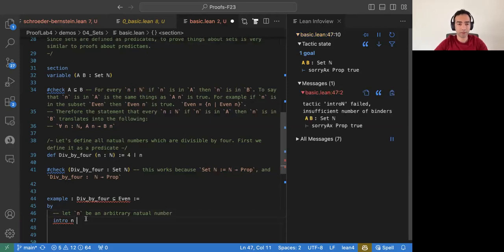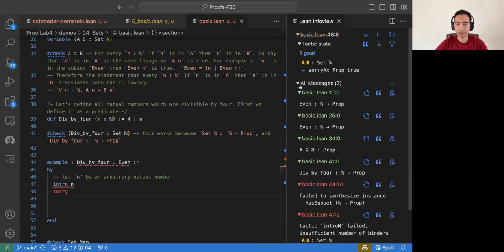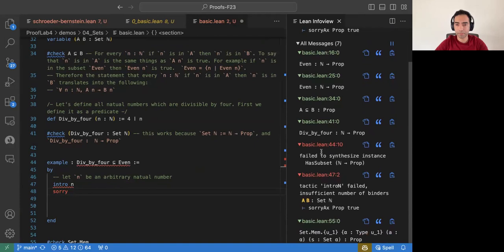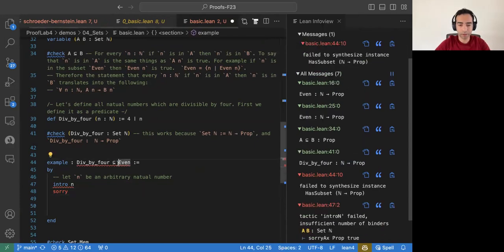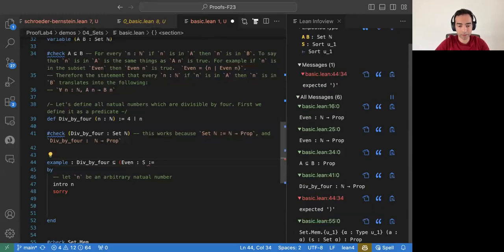Okay, I'm getting an error here. If I finish, sorry, would that not work? Okay, this is a serious error. What are the messages? As subset n to prop. What if I force this to be considered as a set of natural numbers?